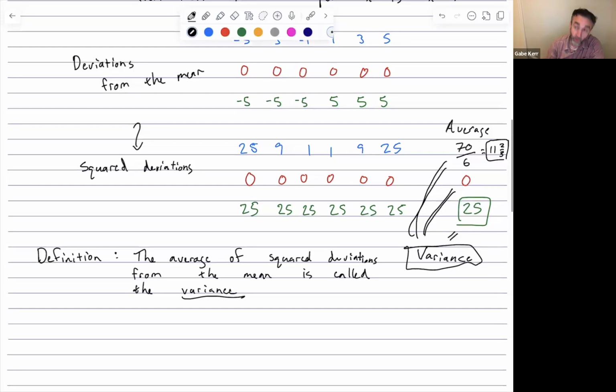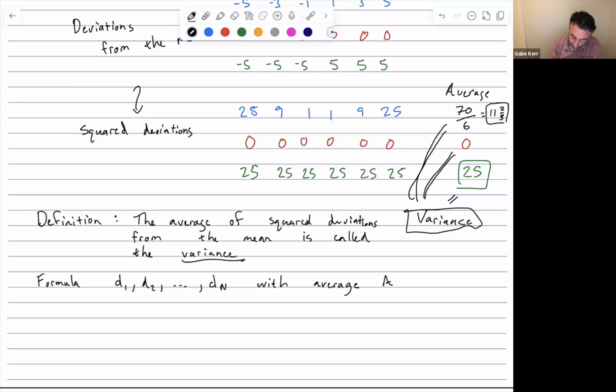Now, if you wanted a formula, you could write it as follows. If your data set is D1, D2, so on to Dn with average A, then your variance, which is often written as V, is equal to, well, you take D1 minus A and you square it.